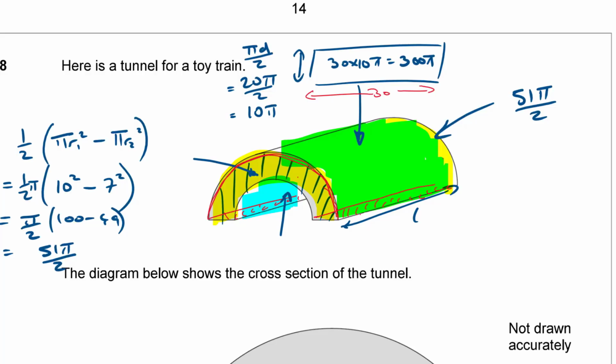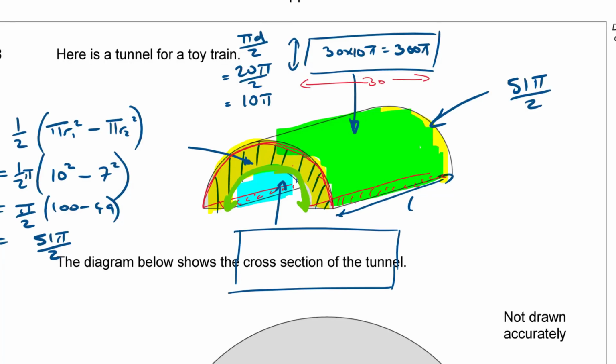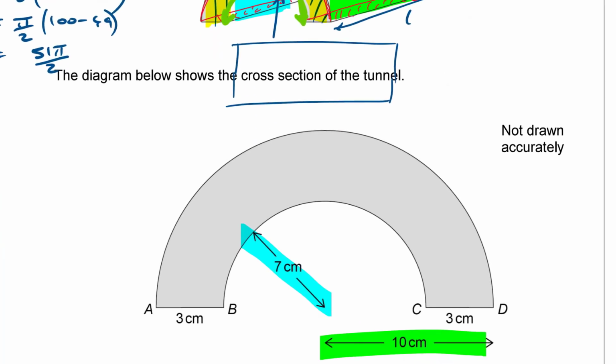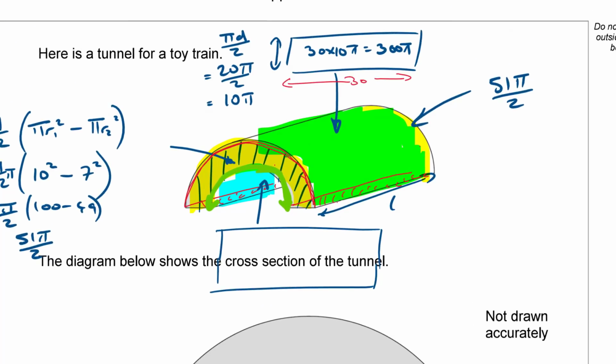So what about the blue part? Okay, so that's the other curved surface, and it's made up of a rectangle again. This time the rectangle distance around here, this bit here, is going to be half the circumference of the smaller circle. So if you remember, the smaller circle had radius 7, so it has diameter 14.